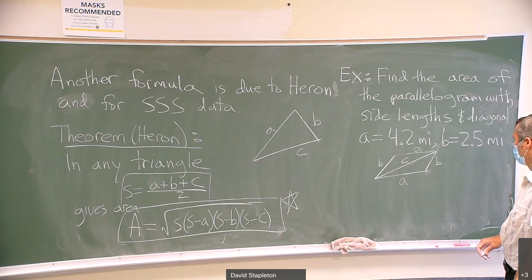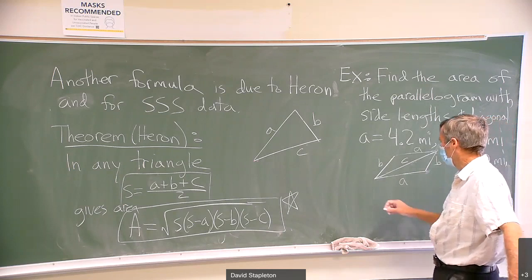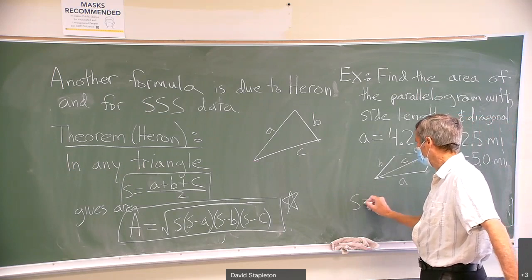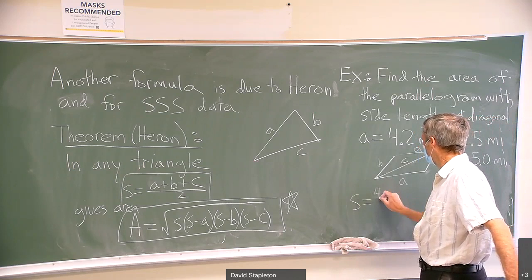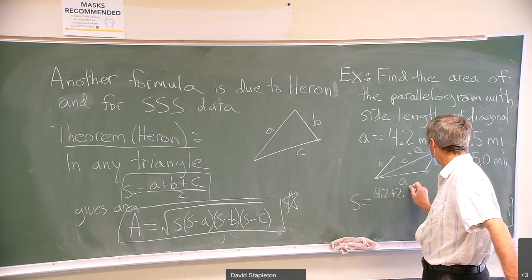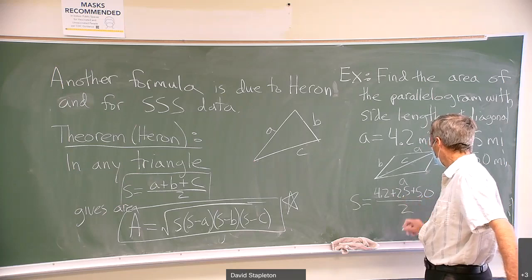So suppose that C is equal to 5.0 miles. All right. Now we're going to say that by Heron's formula, if we compute S is equal to A plus B plus C over 2, that's 4.2 plus 2.5 plus 5.0 all over 2.